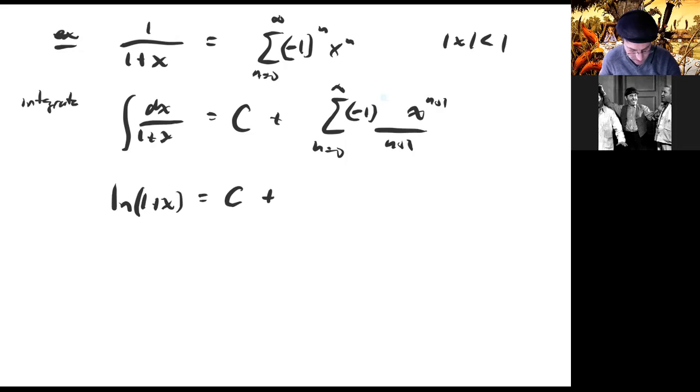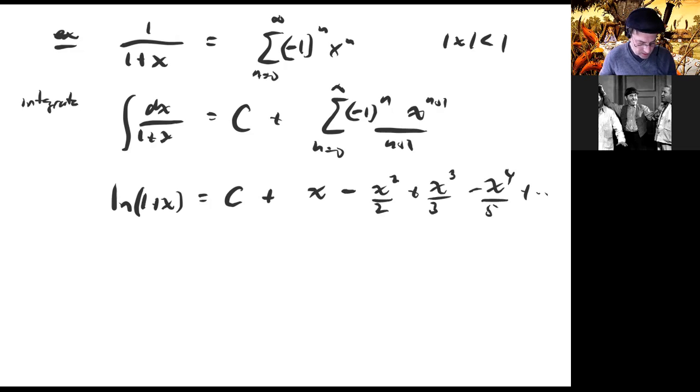This is a minus 1 to the n. Okay, so it's going to be n equals 0. You're going to get x over 1 minus x squared over 2 plus x cubed over 3 minus x to the 4th over 4. It's alternating. So now we can compute the constant by setting x equal to 0, sorry.